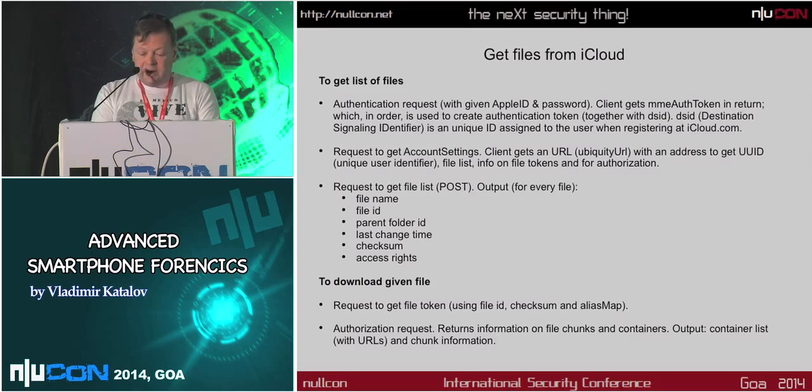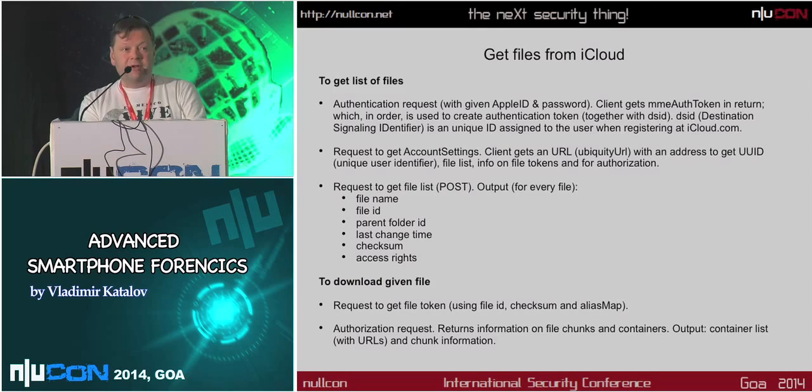In return, we get the authentication token and the ID. Then every file is also split into chunks, almost the same way as in iCloud backups. And the output from this command is the list of the chunks with the exact addresses and the information of every chunk.